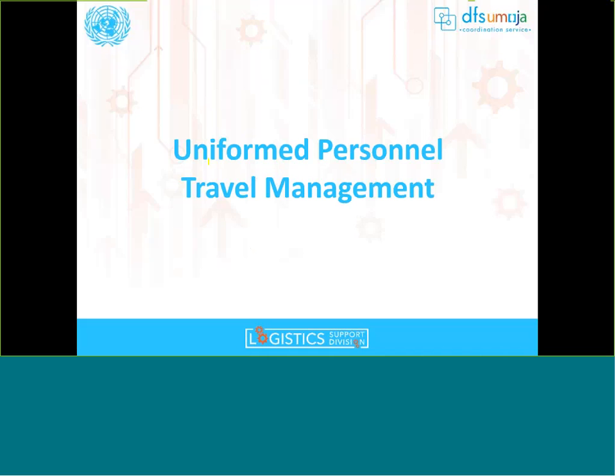So let's talk a little bit more in detail about how the management of uniform personnel is done in the system. There is specifically one new travel category that is dedicated to the deployment and the repatriation of these travelers. This is the only new travel category that we have in the system.